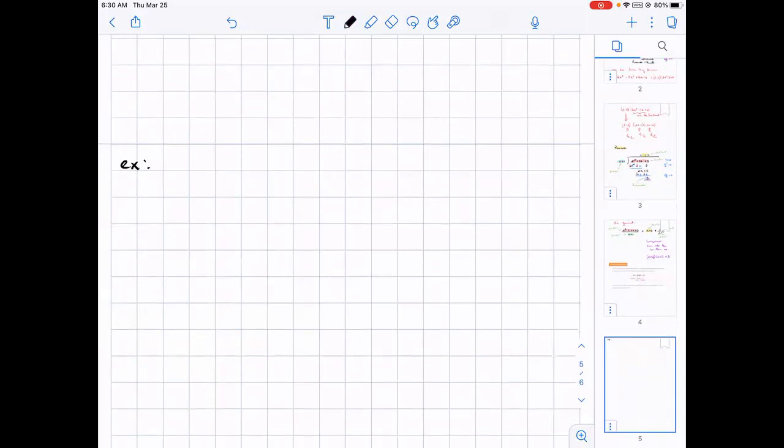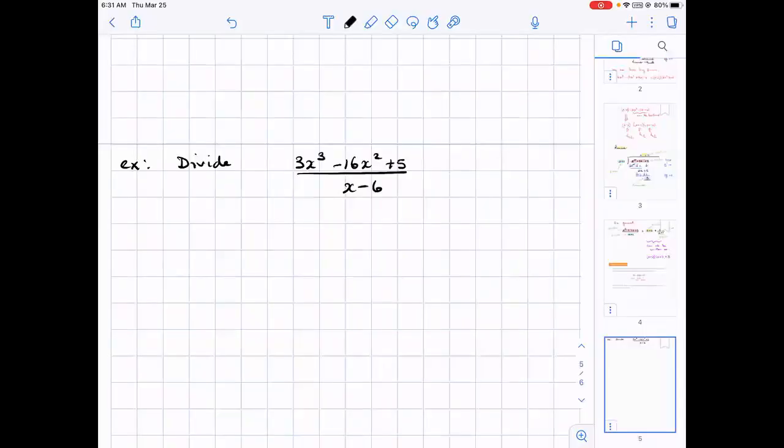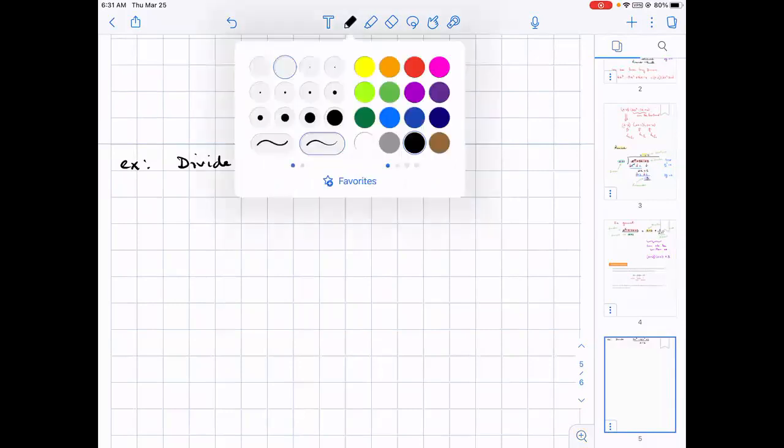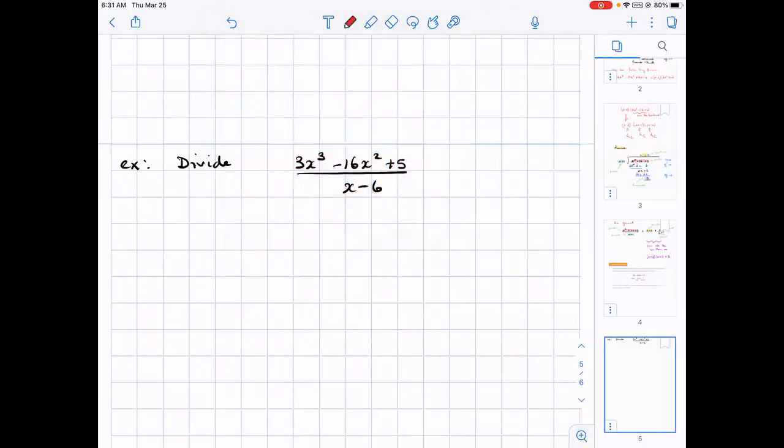Let's divide 3x cubed minus 16x squared plus 5. So notice, very important, star.